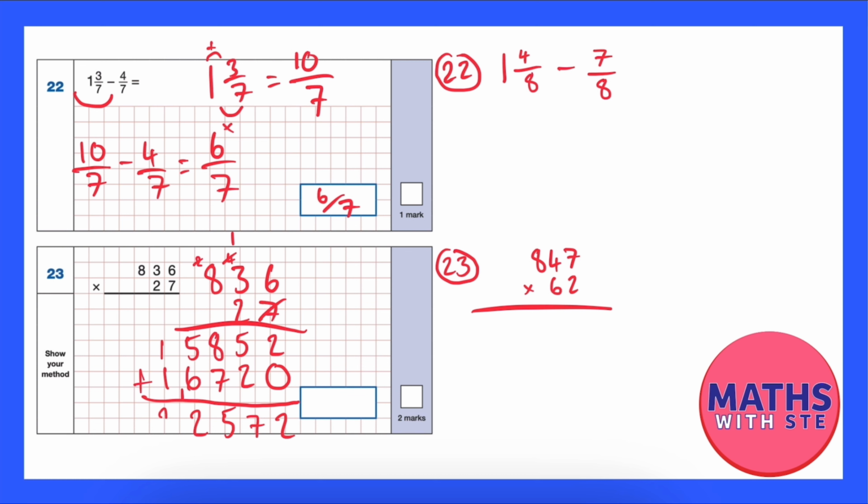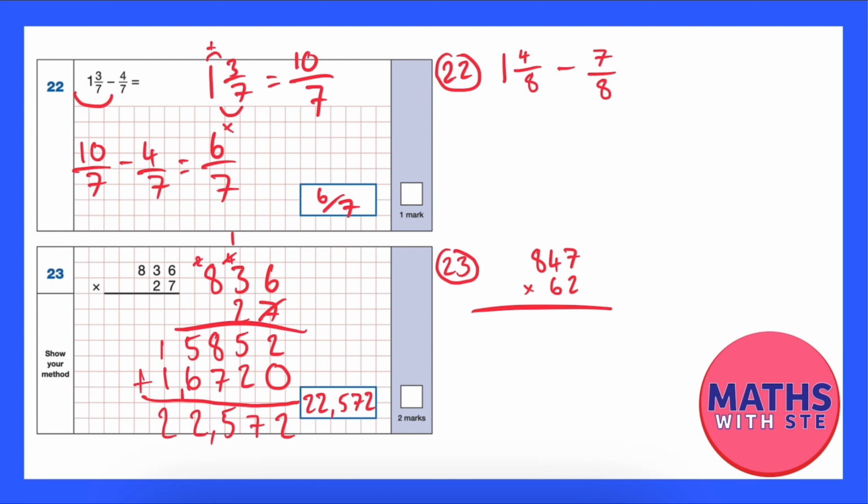And 1 add 1 is 2. So the answer to this one is 22,572. Great. Pause the video there and I'll go through the answers in a sec.